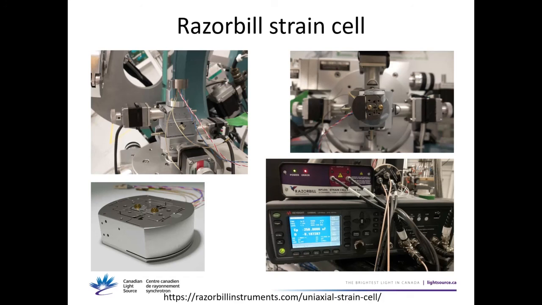And this user brought his setup, and we did a quick interface to our station, and he was able to measure in situ X-ray diffraction while he applied tension or compression to his samples. And our goal in the future is to be able to put this inside a cryostat, so we'll also be able to control the temperature during this mechanical testing.